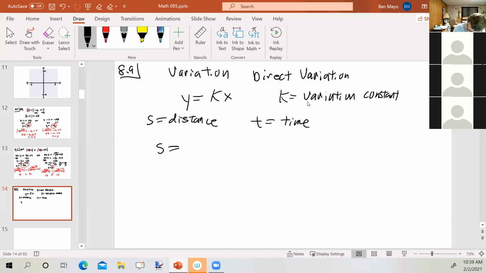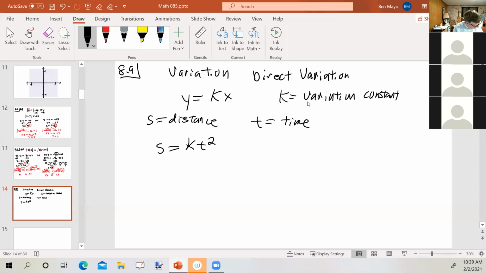So s varies directly to the square of time. Now, I neglected to mention this, but I will mention it now. K, the variation constant, is going to be in all of these formulas, but it's not always mentioned. We just have to know that it's going to be there. So distance varies directly as the square of time. We still have K inserted into the formula. All right. Any questions before I proceed?